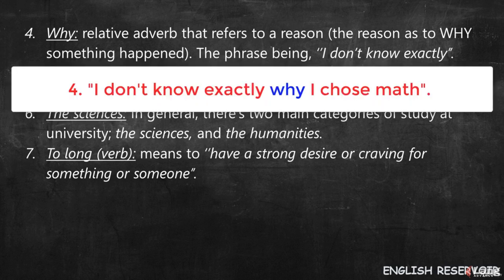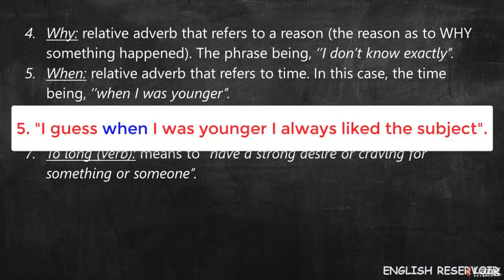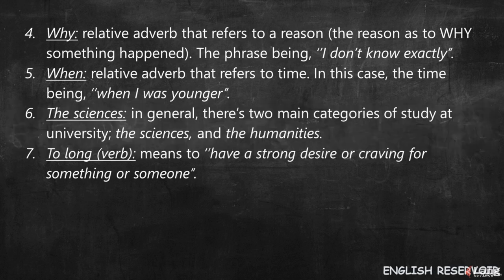4. Why. Relative adverb that refers to reason. The reason as to why something happened. The phrase being, I don't know exactly. 5. When. Relative adverb that refers to time. In this case, the time being when I was younger. 6.